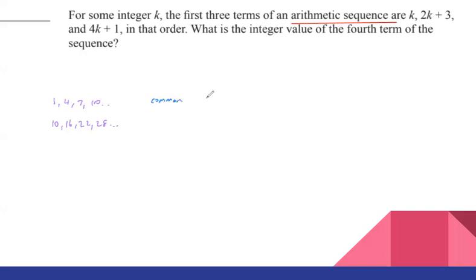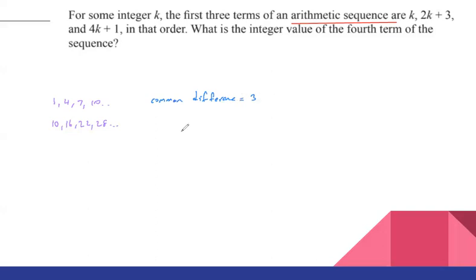Okay, common difference. In this case, you may find the common difference by taking the difference between the second minus first, the third minus second. So 4 minus 1 is 3, which is the number that you are adding. Or 7 minus 4 is 3, that is the common difference.